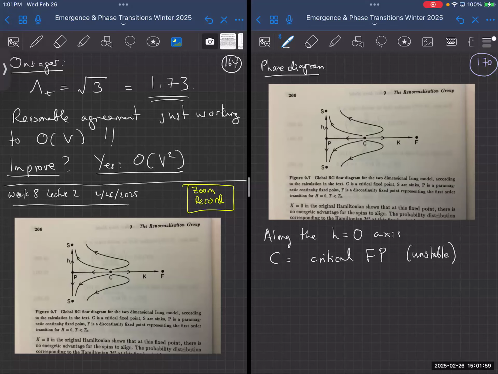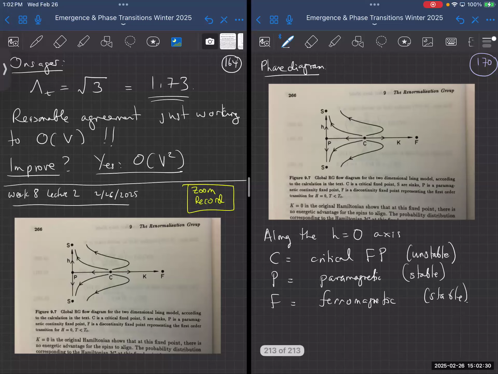And then I'm going to show you that there's another fixed point, the paramagnetic fixed point. And that one is a stable fixed point. And then there is a ferromagnetic fixed point, F. And that one is also stable.